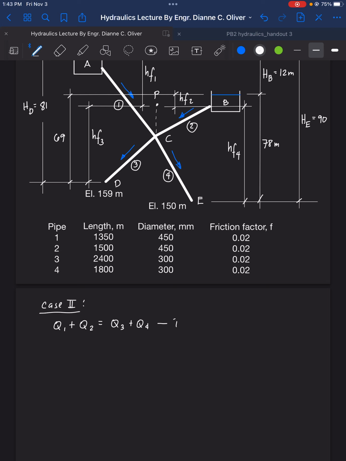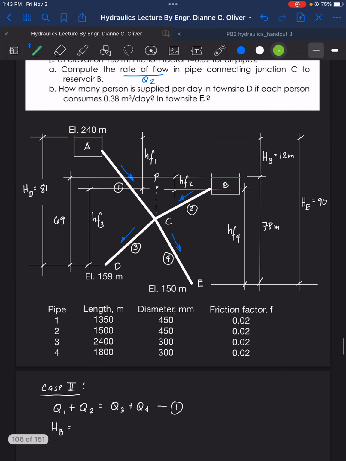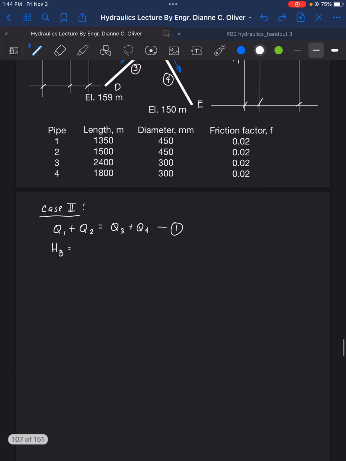This is our equation number 1. Now how about HB? HB is equal to HF1 minus HF2, to get the value for HB. So HF1 minus HF2 is equal to 12. That is our equation number 2.